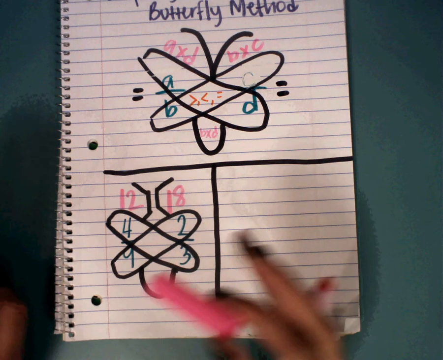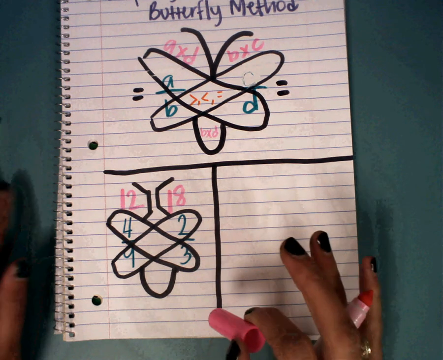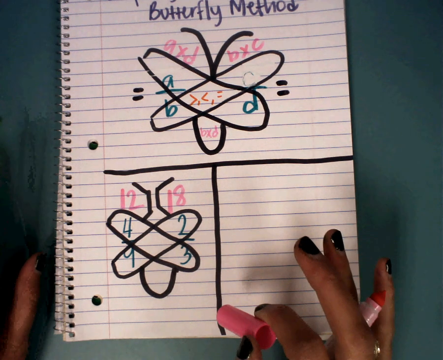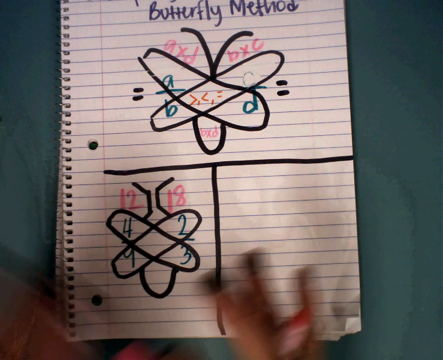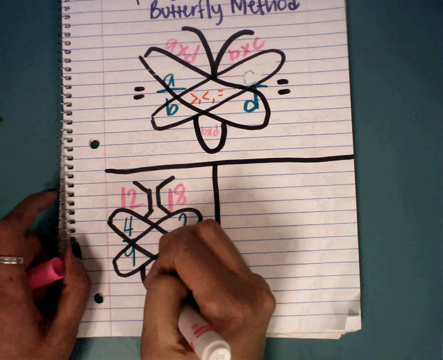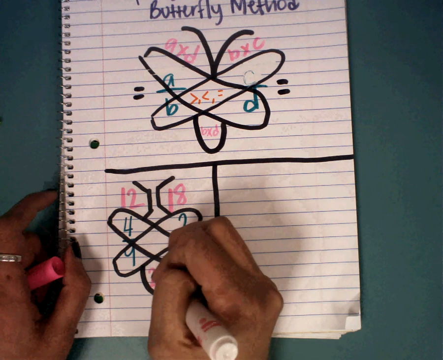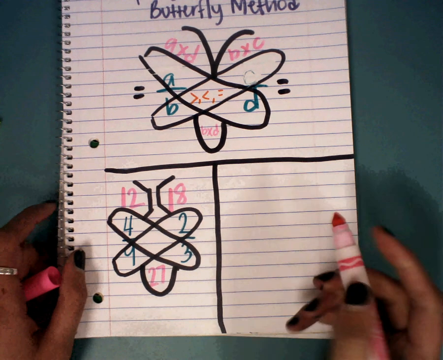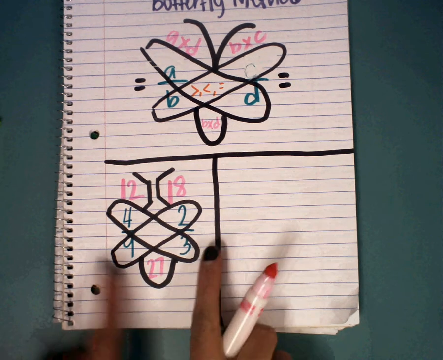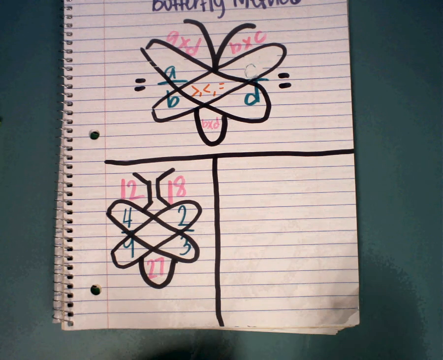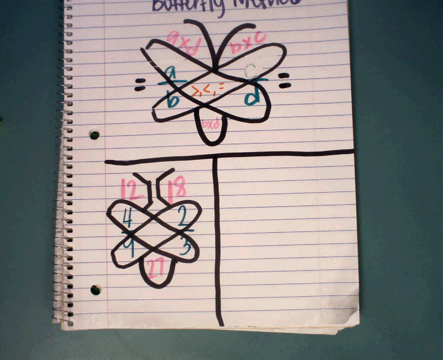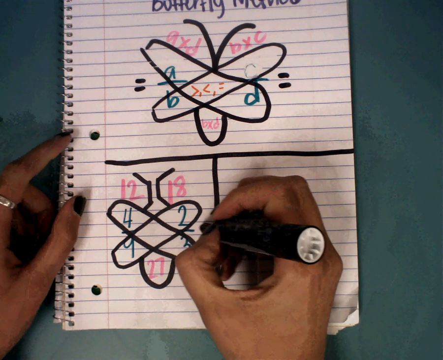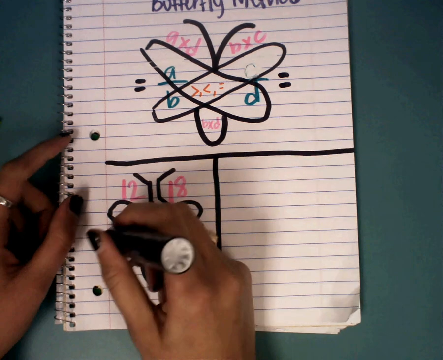Let's count by threes. 3, 6, 9, 12, 15, 18, 21, 24, 27. Sorry. So I'm going to put my 27 right down here. So that's going to become my denominator of my equivalent fractions. So I'm going to write my equal signs like this.